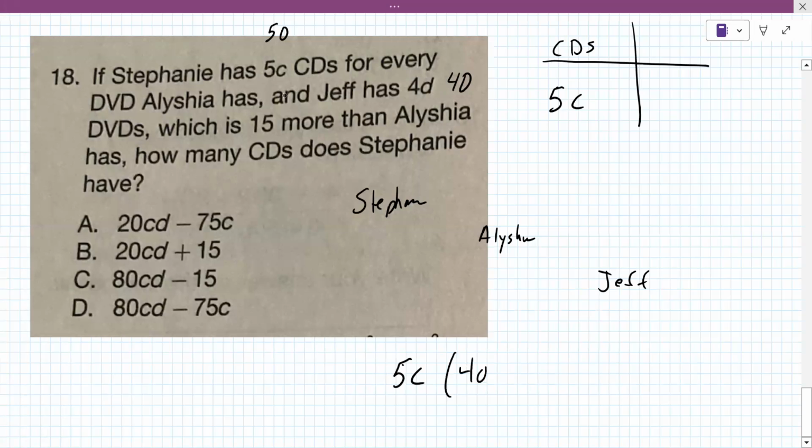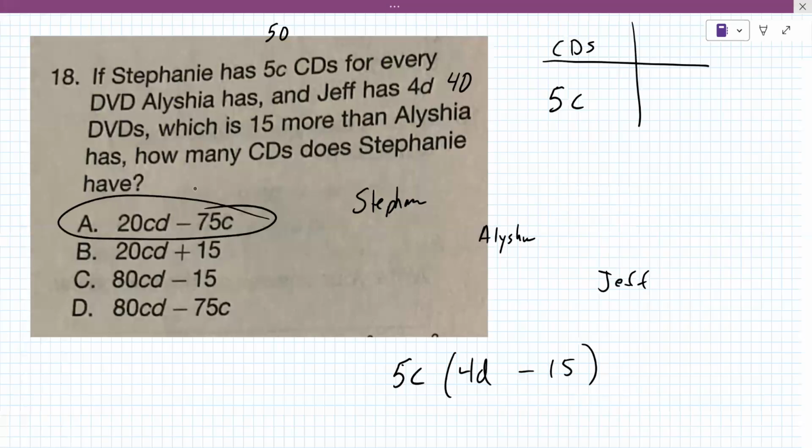So at a minimum, if you were to multiply these, you would get 20 and 75. So the answer has to have 20 and 75 in it, and there's only one that does. And that's without actually doing any of the calculations. So there is a way to push forward without even knowing what to do.